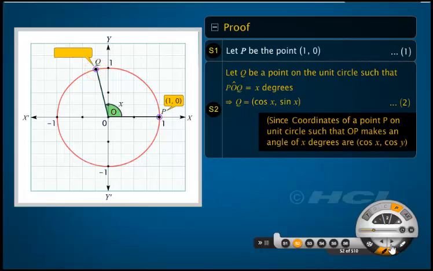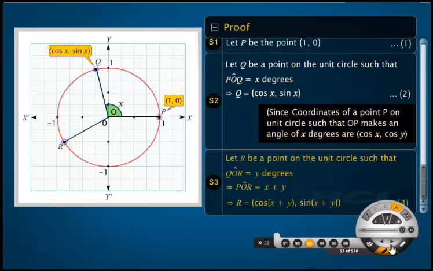Thus, the coordinates of point Q are cos x and sin x, as we know that on the unit circle, a point has the x coordinate as the value of the cosine of the angle made by the ray OP and the y coordinate as the value of the sine of the angle made by the ray OP.